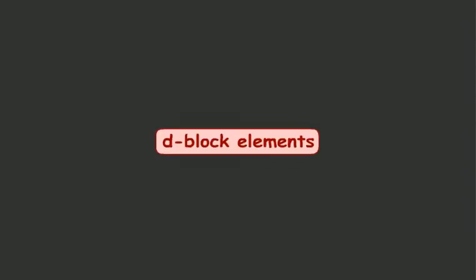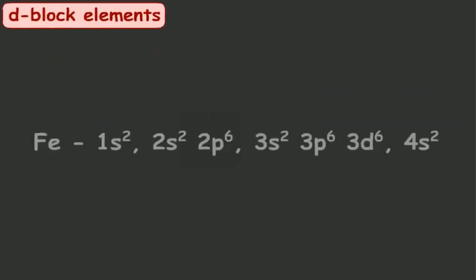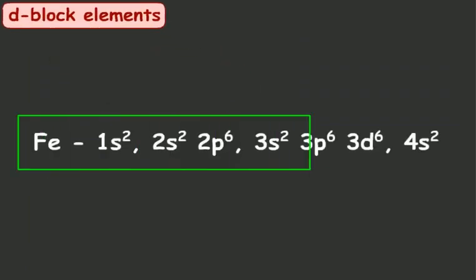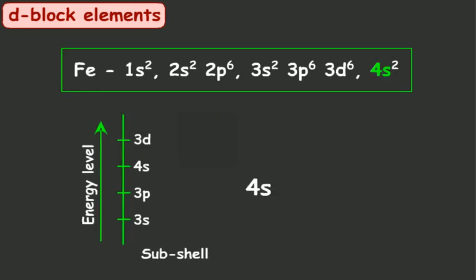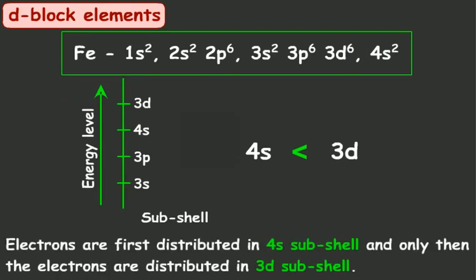D-block elements. Students, look at this electronic configuration of iron. The energy level of 4s is less than that of 3d. So electrons are first distributed in the 4s subshell, and only then the electrons are distributed in 3d subshell.